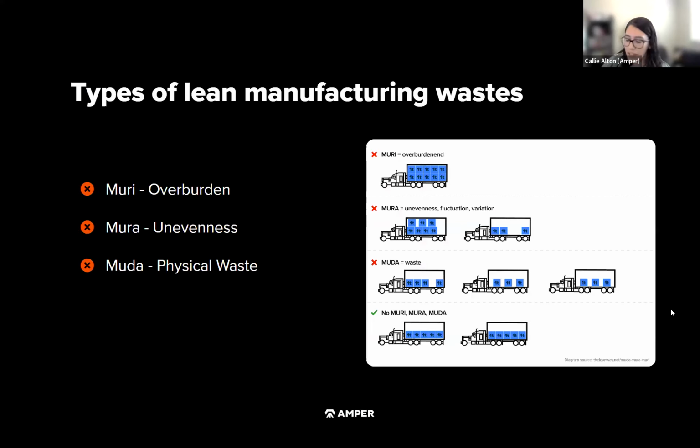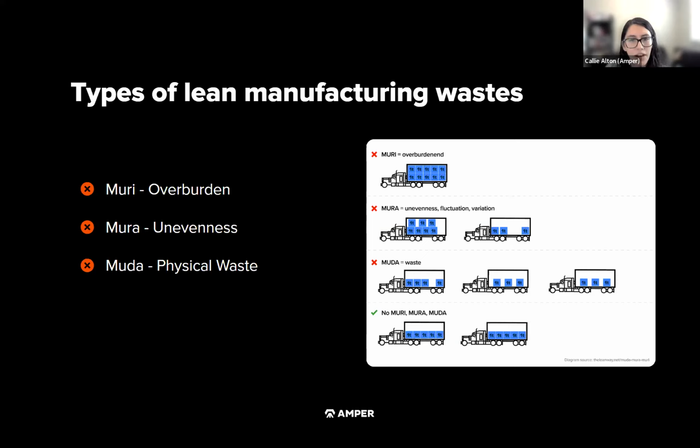So as an overview, when it comes to the lean manufacturing method, there's 3 main wastes that we can look at. And these can be categorized as MURI, overburden, MURA, unevenness, or MUDA, physical waste. These branch off from the Japanese Toyota lean manufacturing system, and kind of how these look. When you're looking at the overburdenedness, it's one person taking on too much to handle.